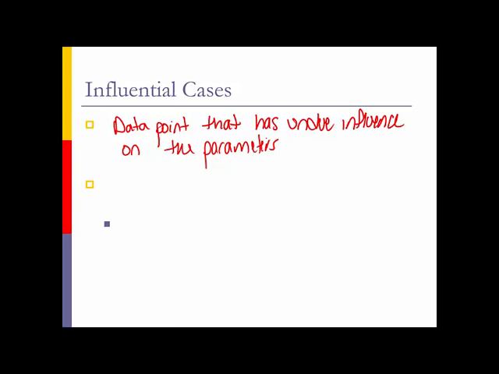So how do we know we have an influential case? Deletion of this one data point will result in different regression coefficients.